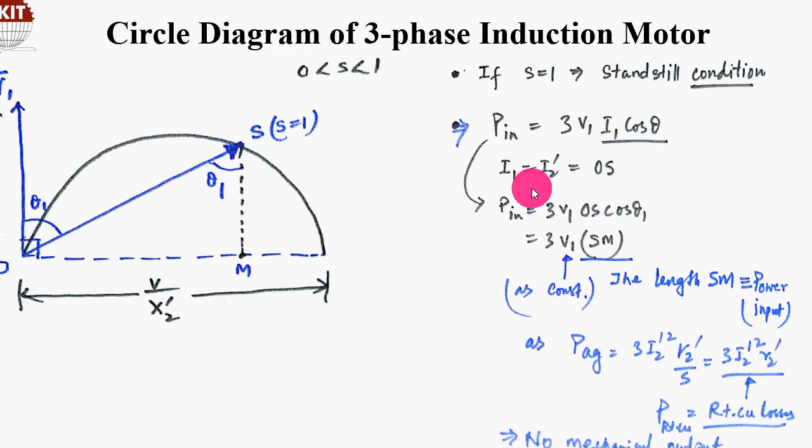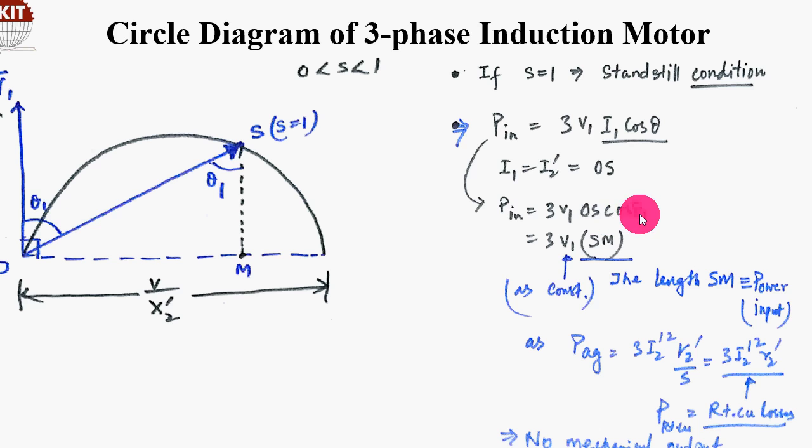So at this condition, what is the current? The magnitude of the current is represented by this line OS. So P in will be 3 V1 times OS, and the power factor angle is theta 1.